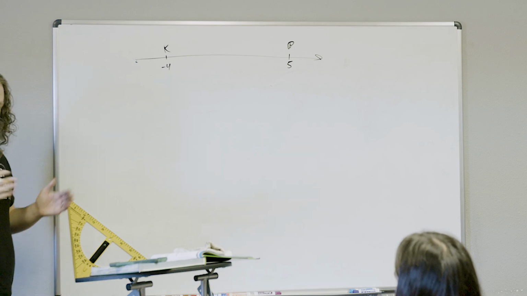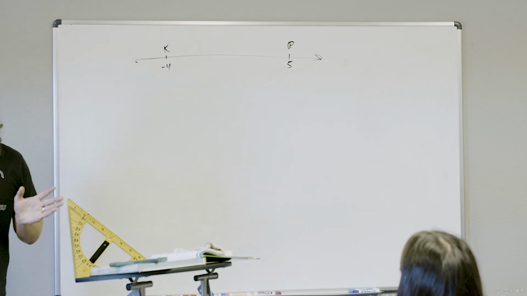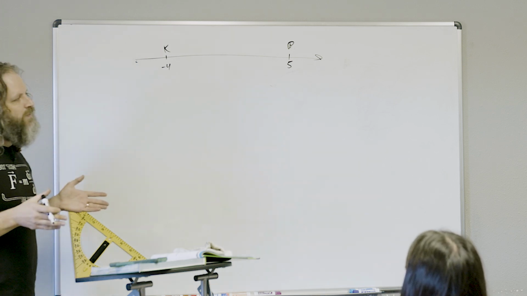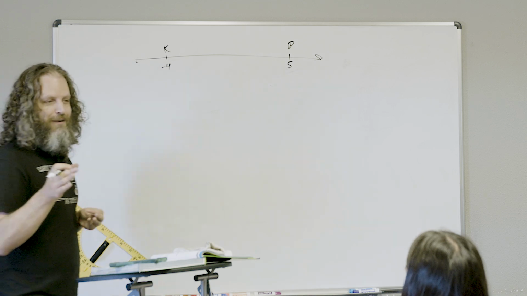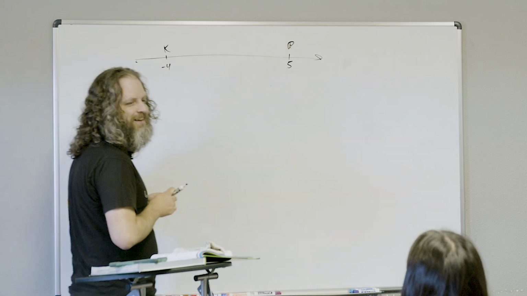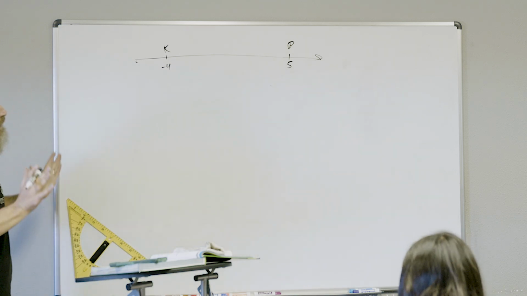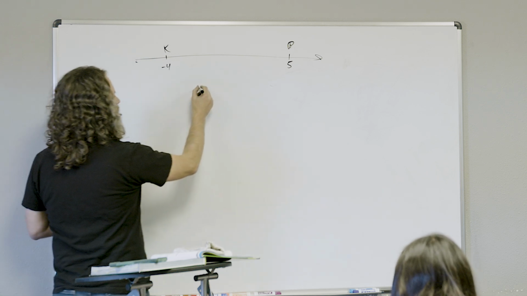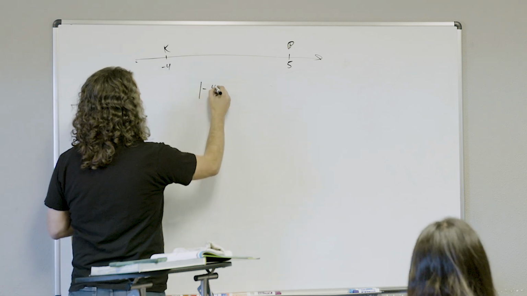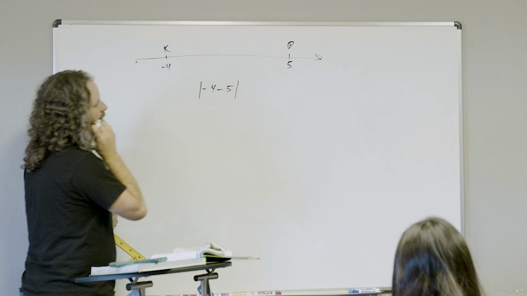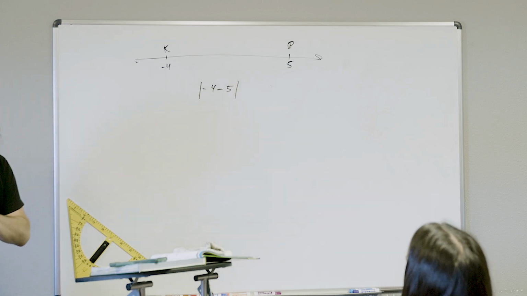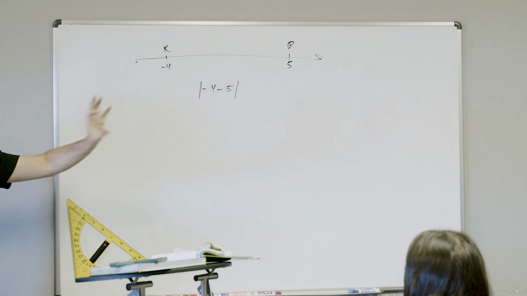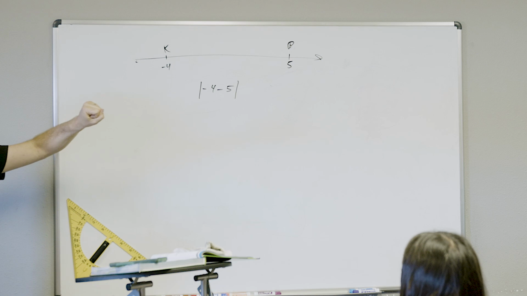Okay, so distance, we subtract the numbers, right? Or you can just count the number line. Yeah, you can. So the algebraic way to do it would be to find the absolute value of them subtracted. It's absolute value because distance is always positive.